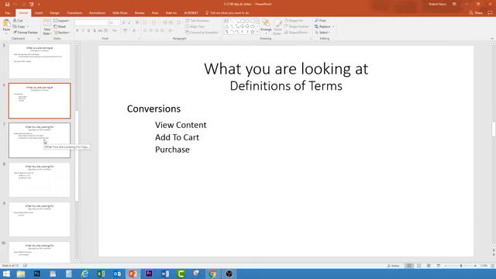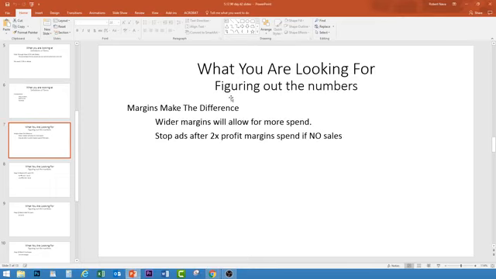So now let's talk a little bit about figuring out numbers. The margins make the difference in the products. If you have products with wider margins, it'll allow you to spend more.